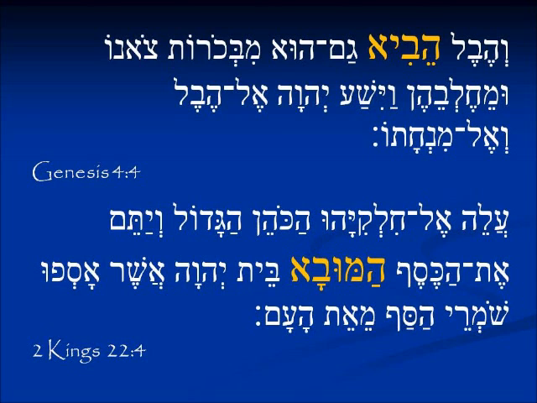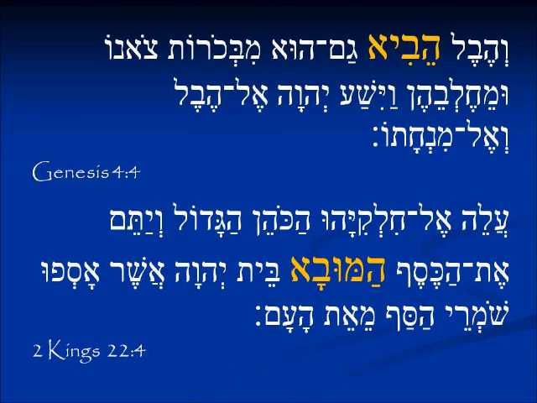So the hif'il form of this root, bet vav aleph, is to bring. The pa'al idea is to come. The hif'il, the causative idea, is to bring. And we see that Hevel is bringing the first of his flocks.